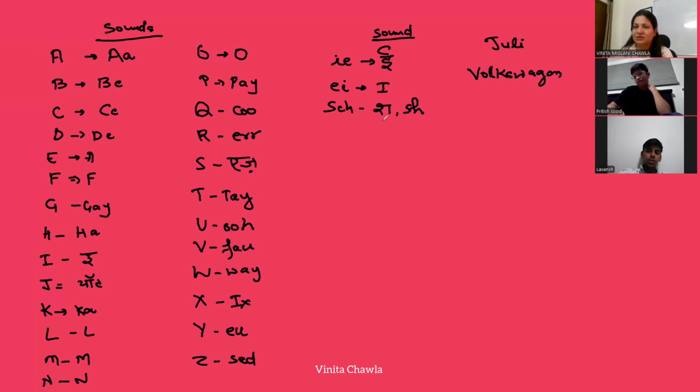In Hindi it is sh. And in German we have SCH. TSCH. If we write T before SCH, then it becomes ch. And how do we write ch in English? It is CH.